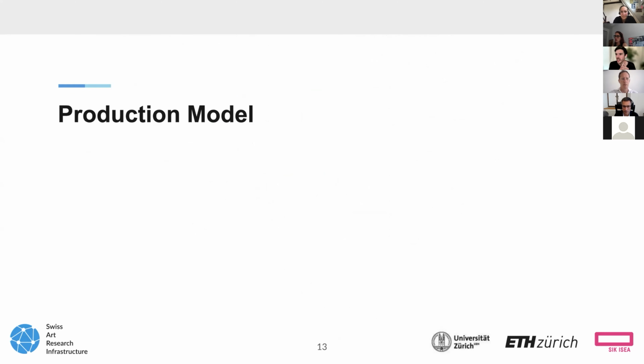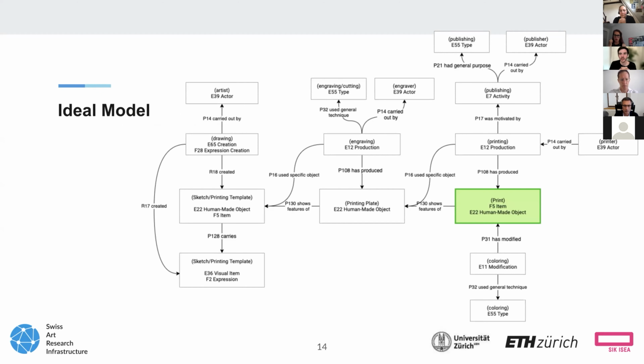So one aspect we focused on since last time was, as Stephanie noted, the process around print production. What we tend to do is to model this and represent this in better detail. So what we set out to do is to describe the ideal model that we would like to have. So we have, again, the physical print, which has been produced by a printing process.